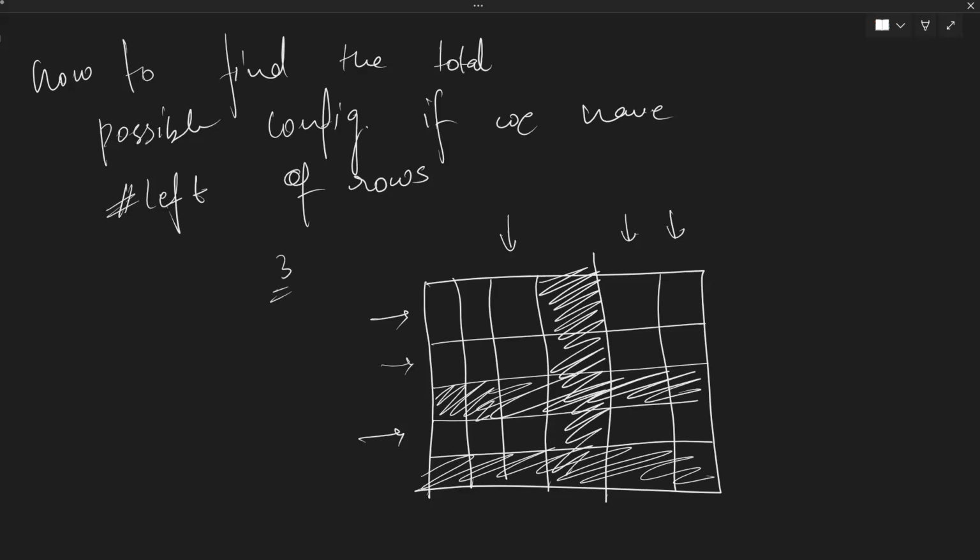Okay, I have not drawn n cross n, it is 6 cross 6, but this will help you in visualizing what we are actually doing.